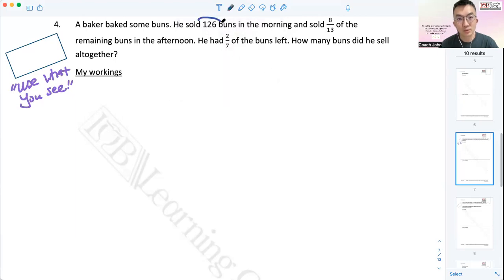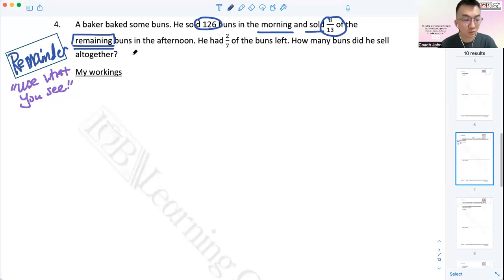Circle numbers, underline keyword, circle fraction, double underline, because this is a very important keyword in this question, and this is called the remainder concept. So when you see the word remaining, it reminds you of the remainder concept.